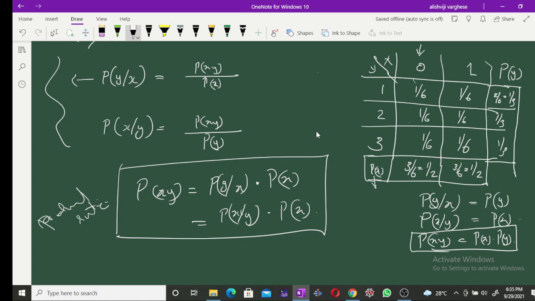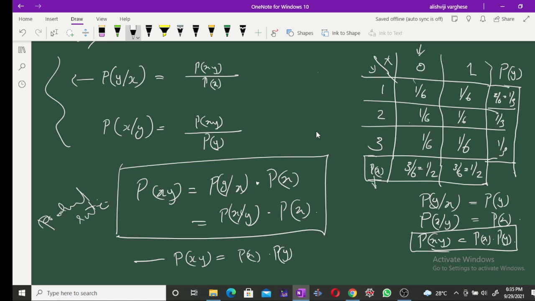So this is the characterization of independent random variables. Two random variables x and y are said to be independent when p of xy is equal to p of x into p of y. Then naturally p of y given x is equal to p of y and p of x given y is equal to p of x.